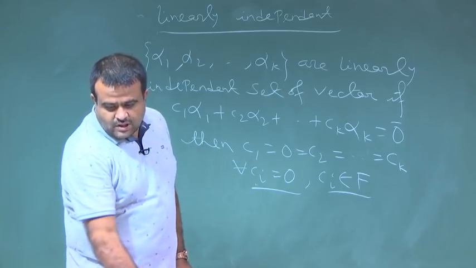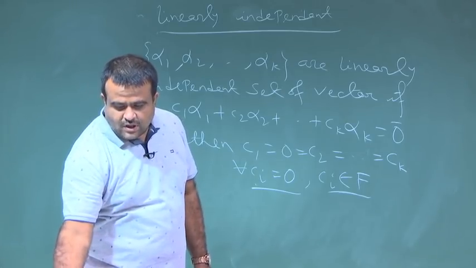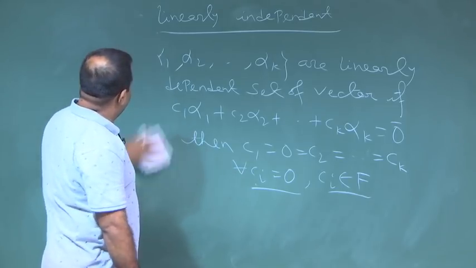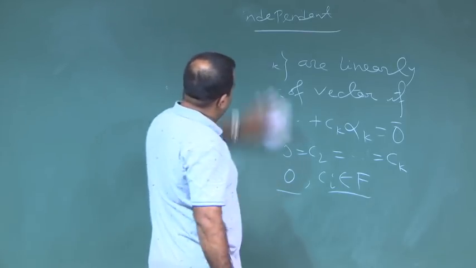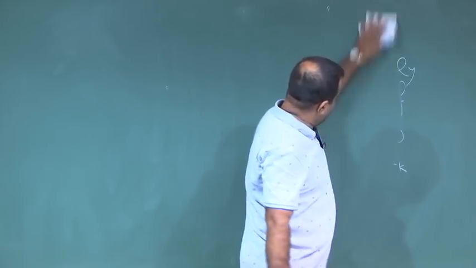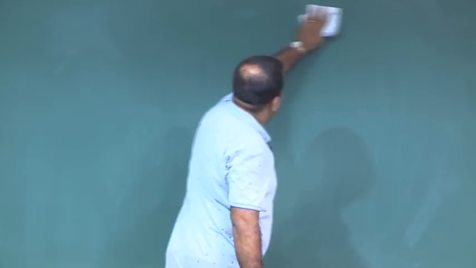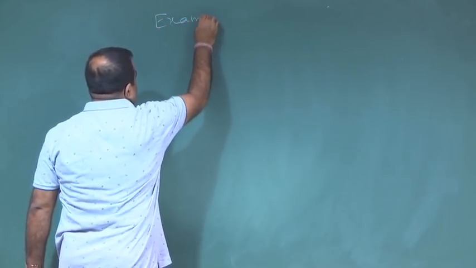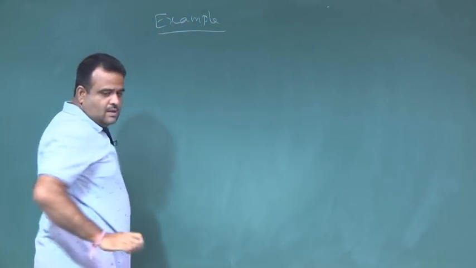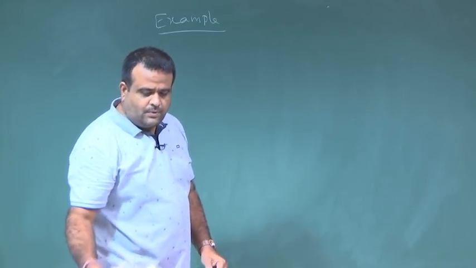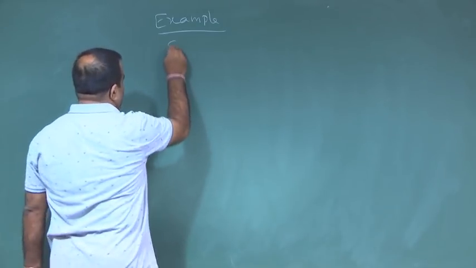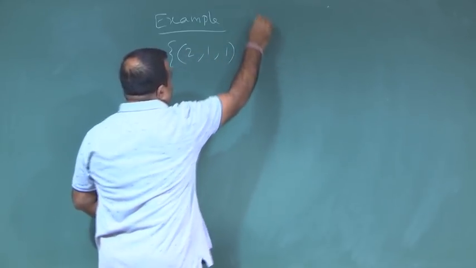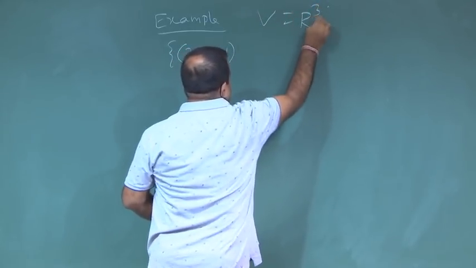Okay. So, now we will quickly take some examples of linearly dependent and independent sets of vectors. Let us take an example. Okay. Now, suppose we have a set of vectors, say 2 1 1, from R 3, our V is R 3. Okay.